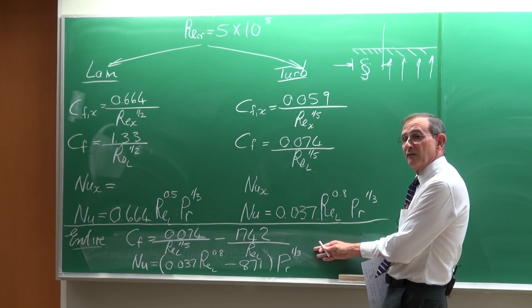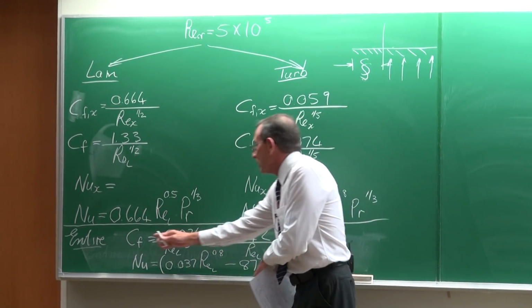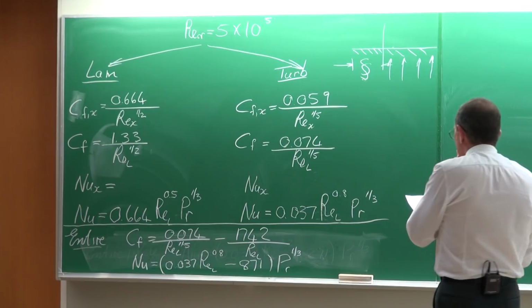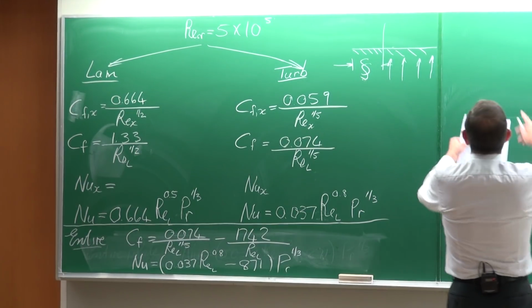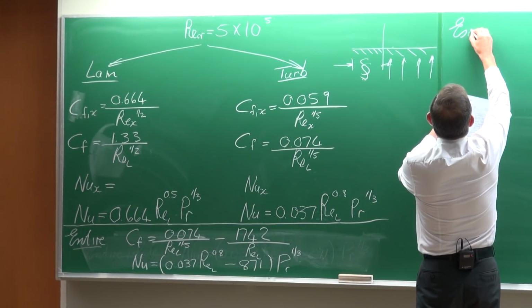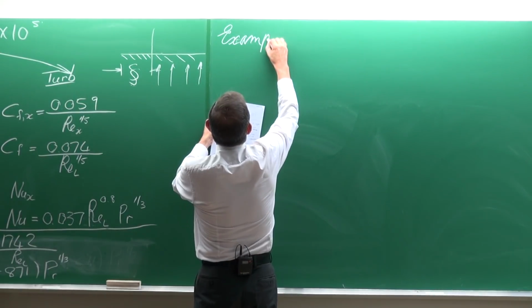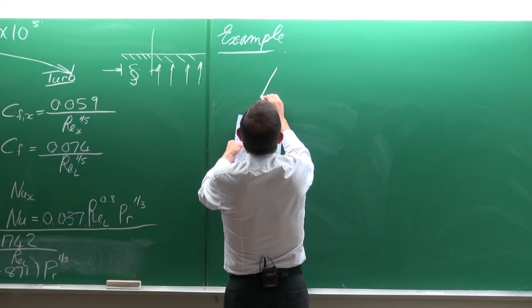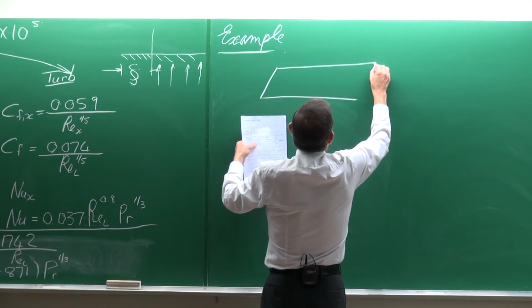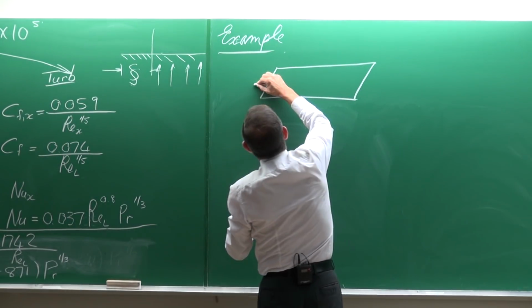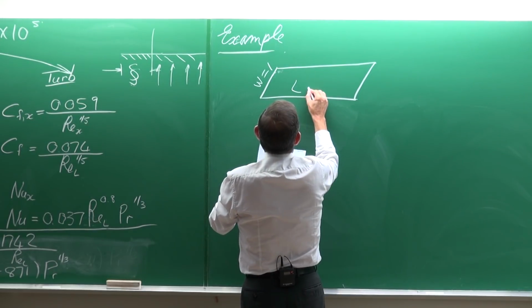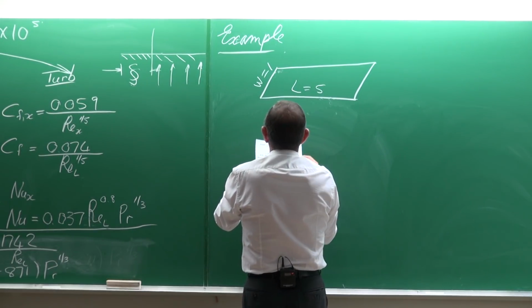And then we're going to have a third scenario where we have to take into consideration the laminar part of the plate. Now, this example consists of a flat plate with a width of 1 meter and a length of 5 meters.